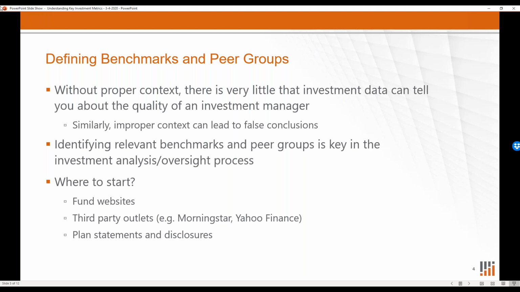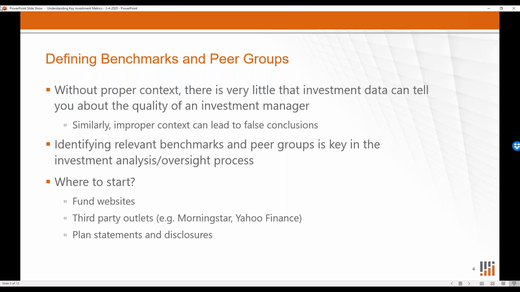Every investment that you might be analyzing is going to have a web page on the investment manager's website, and within that page, there are going to be good, hard definitions of that fund's investment strategy or that investment's benchmark, the style of investment. This is the best starting place to home in on what your benchmark should be. It also gives insight into how exactly that investment strategy invests, which should help you better shape what kind of peer group you would like to use to benchmark that investment.